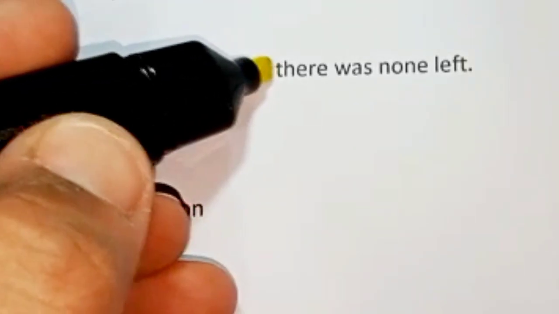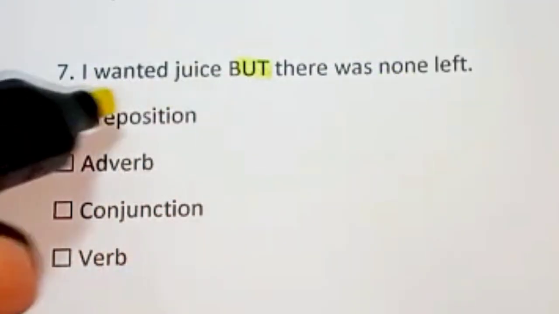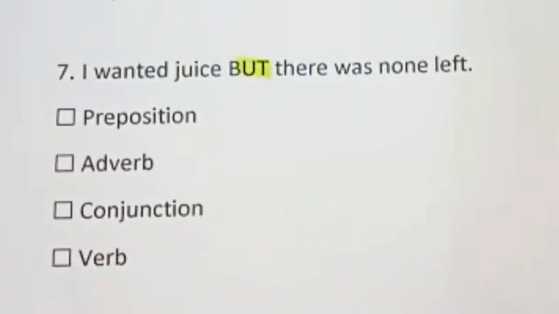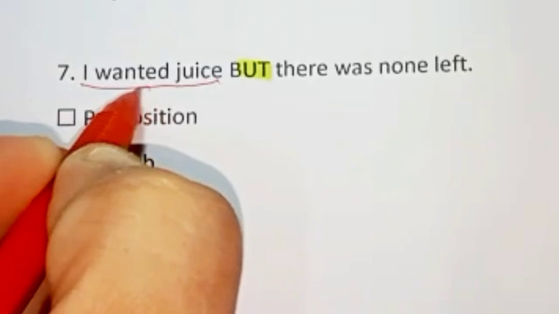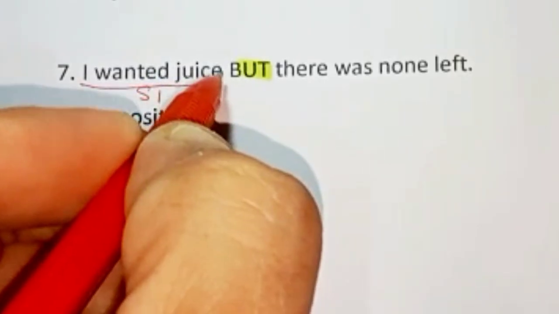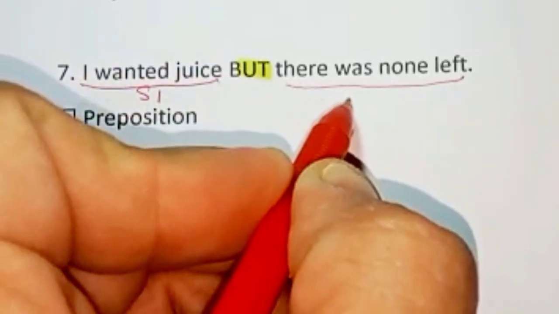Number 7, I wanted juice, but there was none left. Here we have 2 sentences. Okay? Sentence number 1 is I wanted juice. Full stop. The second one is there was none left.